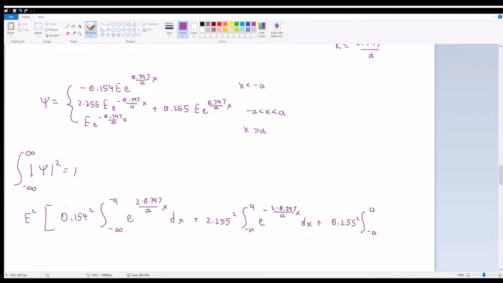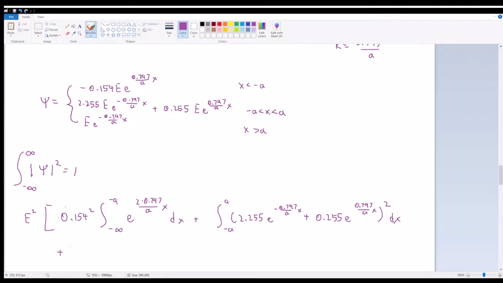So actually, we close off this dx first, and then we add 0.255 squared, integral from negative a to a. Actually, wait, this is just straight up wrong. I'm sorry. What this is actually supposed to be is the integral from negative a to positive a of 2.255 e to the negative 0.797 over a times x, plus 0.255 e to the 0.797 over a x dx, and we're squaring this.